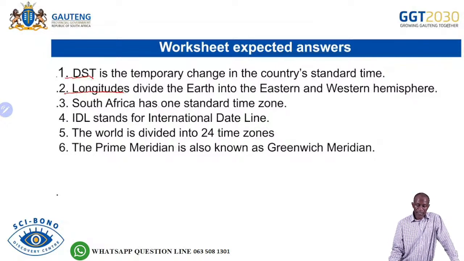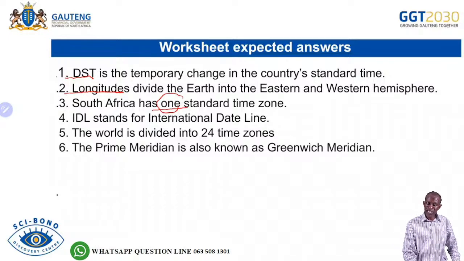The third question, South Africa has a standard time zone, and the question required to know how many time zones are there in South Africa. And like we have explained, in our example of Cape Town and Johannesburg, we have only one standard time zone in South Africa.